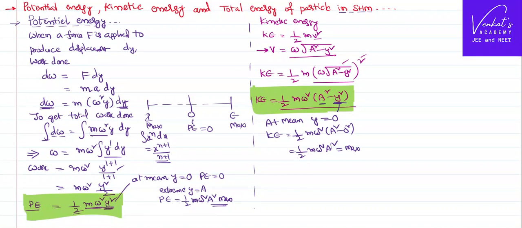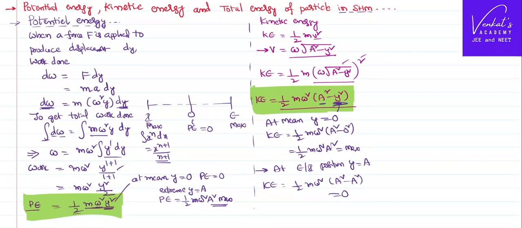That is maximum. Whereas at the extreme positions, displacement is the amplitude, y equals a. Putting that in, kinetic energy becomes half m omega square times a square minus a square, which equals zero.